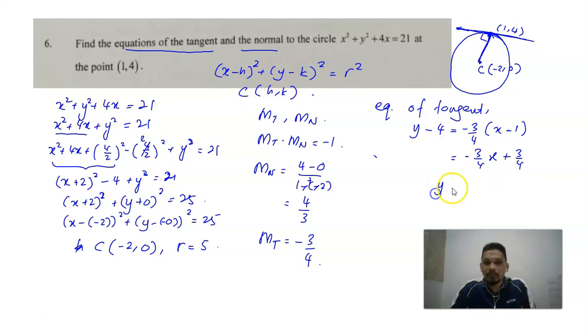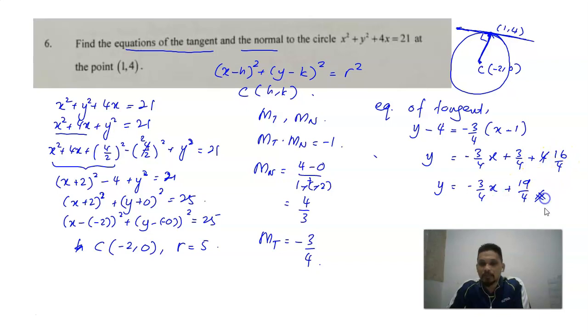Then y equals negative 3 over 4 x, plus 4 here. 4 times 4 equals 16 over 4. So negative 3 over 4 x, and 3 plus 16 equals 19 over 4.